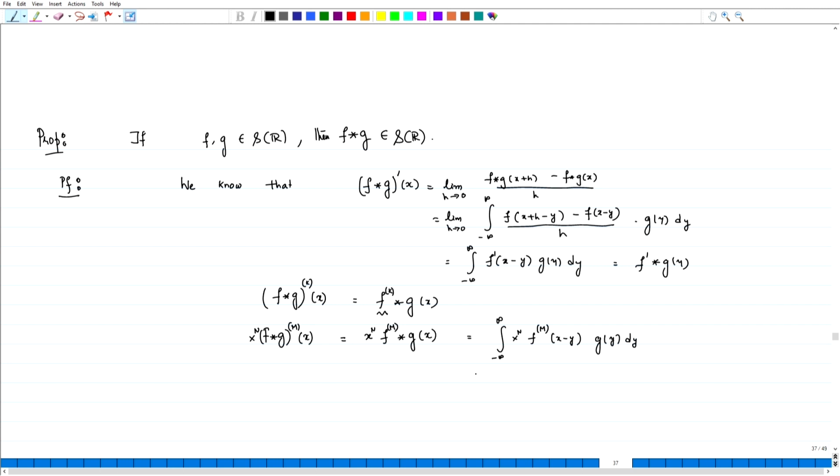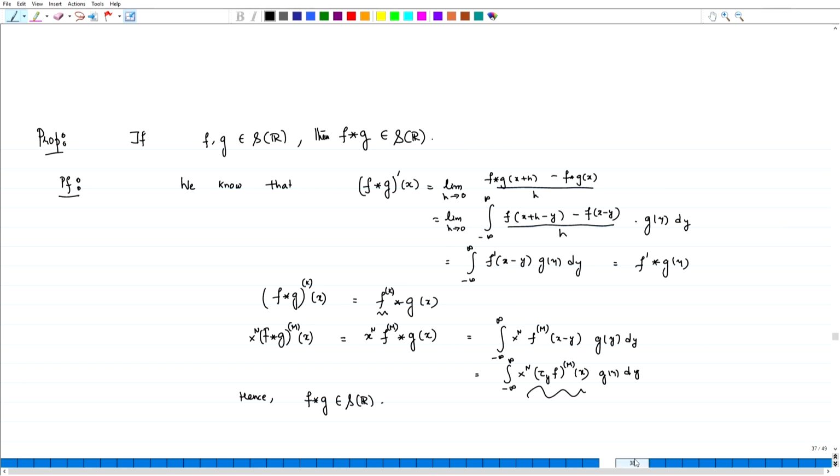Now, this is the integral of x^n times tau_y of f^(m) at x, times g(y) dy, and this is in the Schwartz space, so we get the decay from here. Since g is integrable, we get that f convolution g also belongs to the Schwartz space.